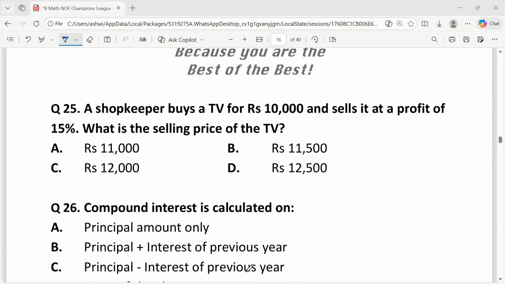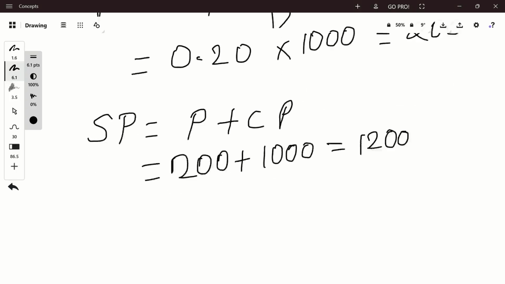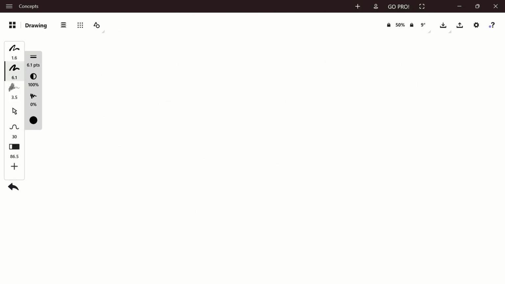Question 25. A shopkeeper buys a TV for rupees 10,000 and sells it for a profit of 10%. What is the selling price of the TV? The cost price is 10,000 and the profit is 15%.